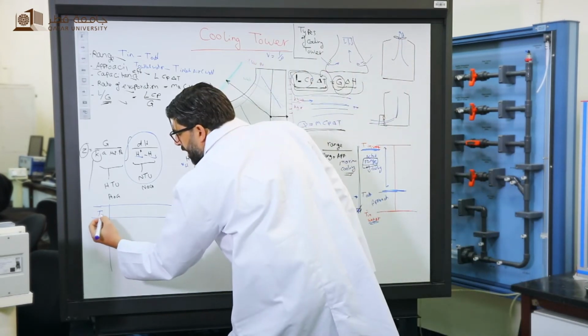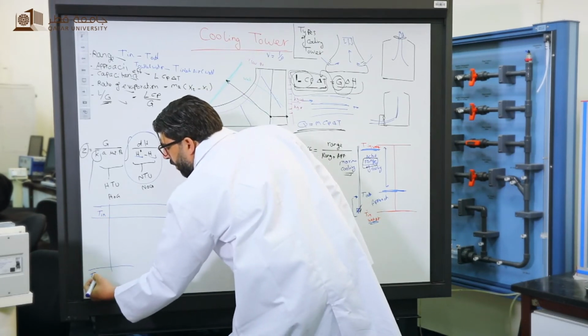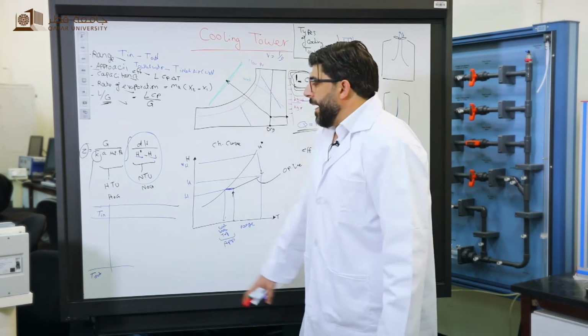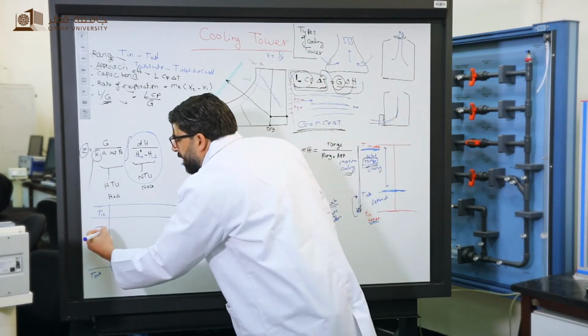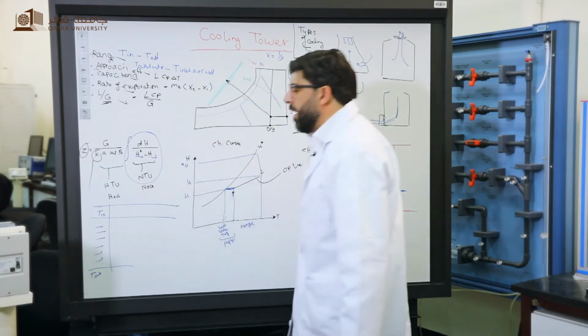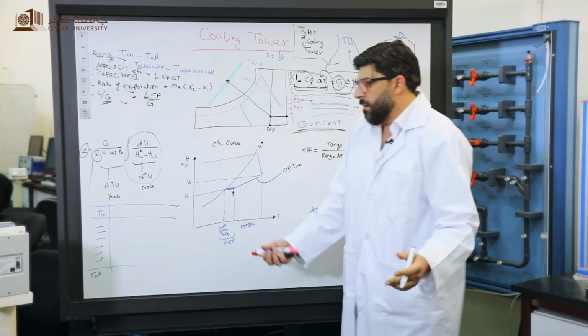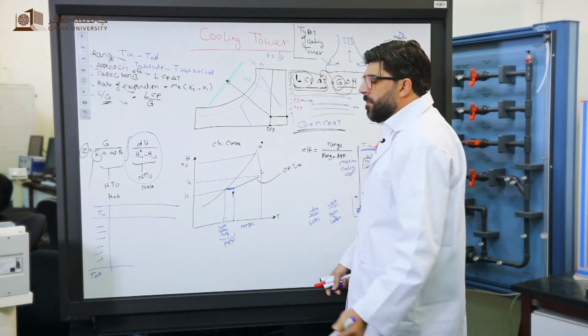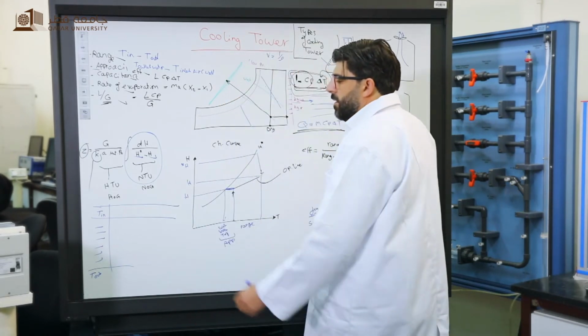So this is the temperature inlet, and here we have the temperature of outlet. Here you can assume any intermediate temperatures, at certain intervals or any numbers, no problem. But make sure that the temperatures are between these two temperatures.